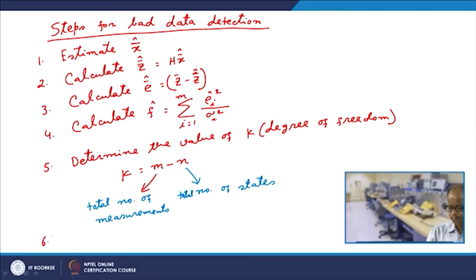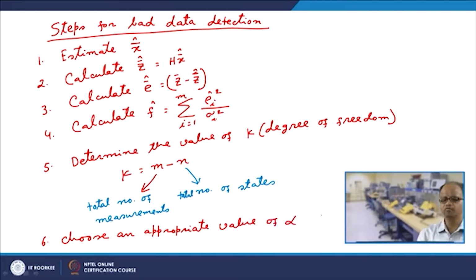Next step is to choose an appropriate value of alpha. Alpha is the value of the probability which I wish to maintain.